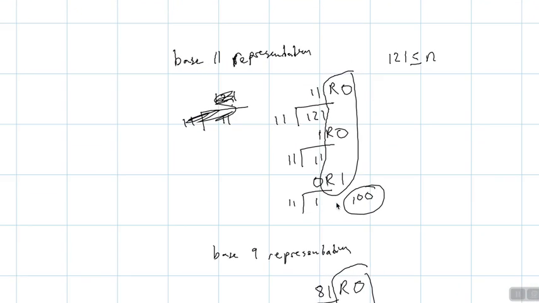And so n has to be less than 729, so n could be less than or equal to 728. So the numbers that n could be in base 10 are all three-digit numbers between 121 and 728. And so the number of numbers between there is 728 minus 121 plus 1, which is 608.